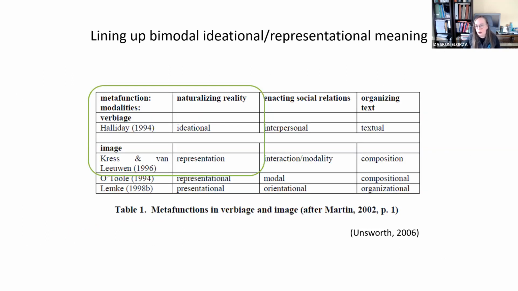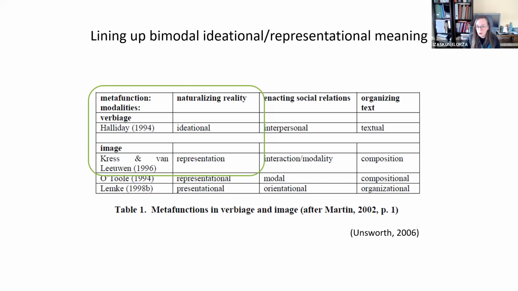So in order to line this up and to be able to study, to analyze this ideational meaning or any other kinds of meaning, we are going to rely on those comparable sets of choices. For the verbal mode, I'm of course relying on Halliday's perspective, so we are dealing with a transitivity analysis.